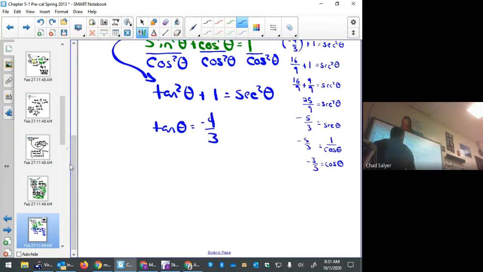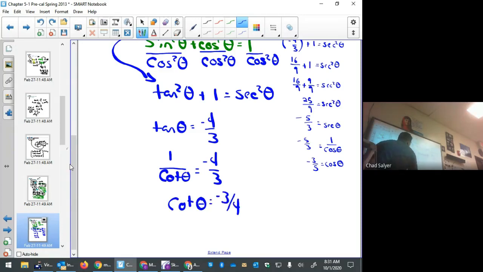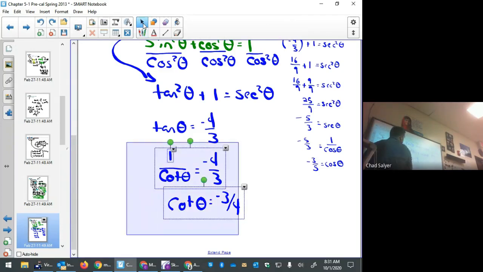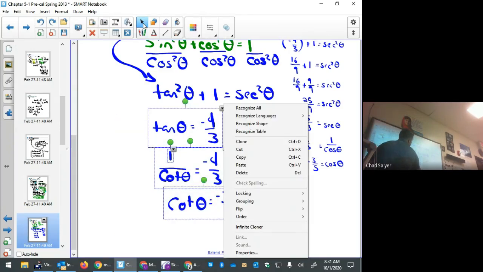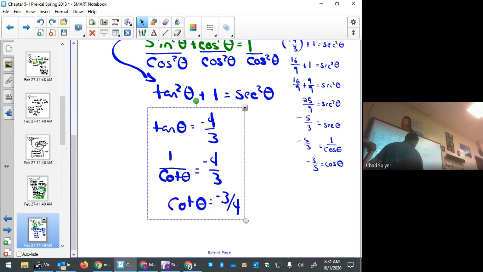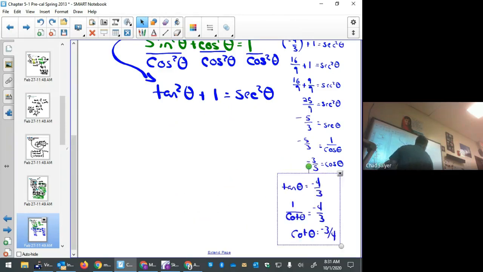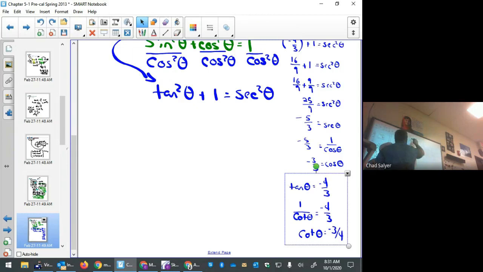We can use the reciprocal identity, and then we reciprocate both sides. And we get -3/4 for the cotangent. So there's part of our answer.